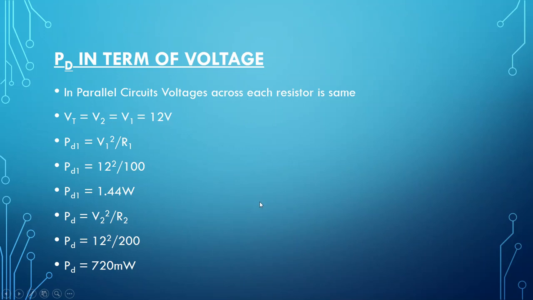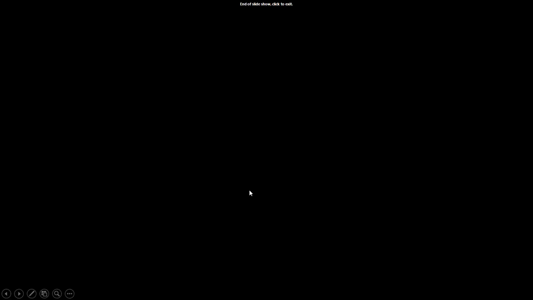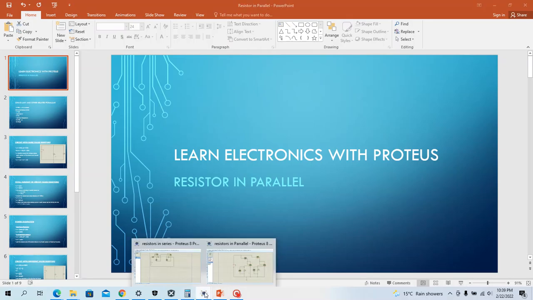So power dissipation in terms of voltage we can find by V square over R. So here is 1.44 watt and here is 720 milliwatt, PD2 basically. Now we can check this in Proteus.